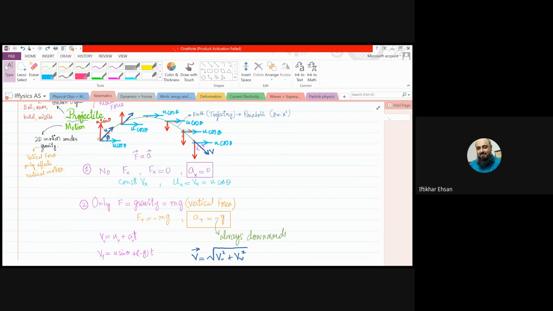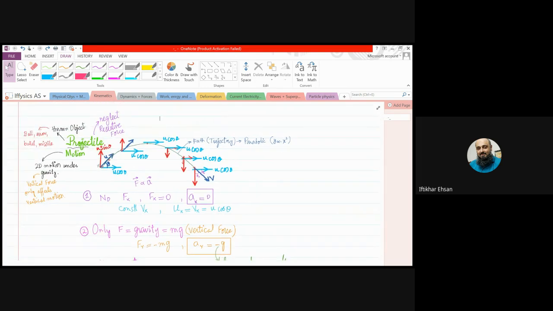Similarly, when an object is moving in the air, even the football experiences not only the friction from the ground, it also experiences the effect of air, right? The opposing force applied by the air is air resistance, and every force which opposes the motion is a resistive force. It could be the air resistance, the water friction if moving in water, and the normal friction between solid surfaces, right?